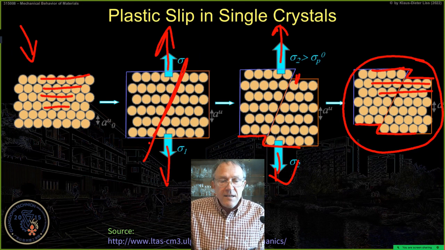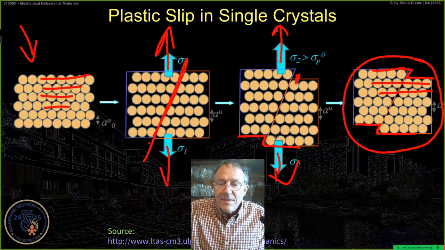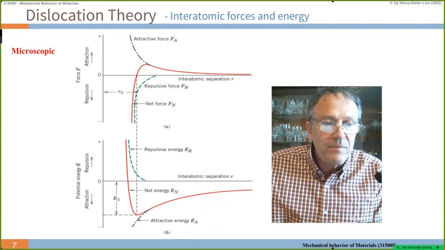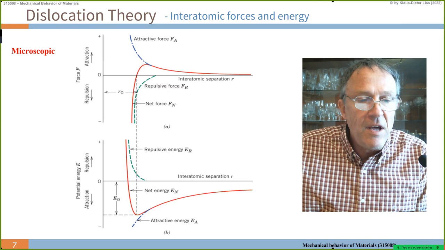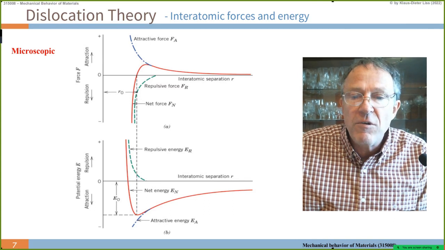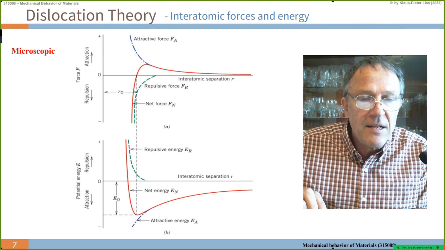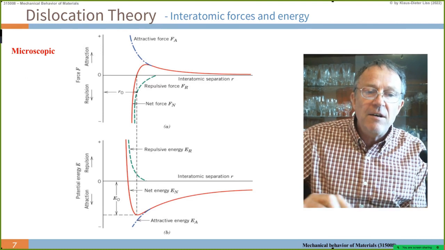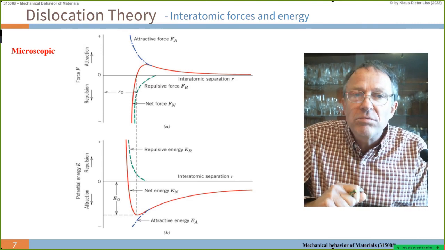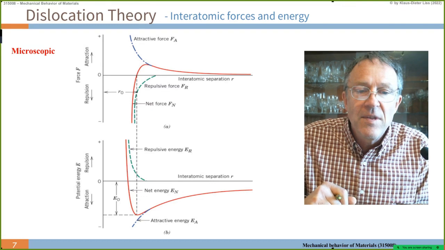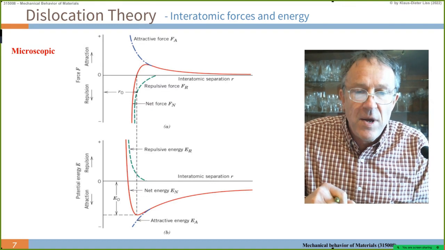The idea is: what is happening in detail in this slip process? First of all, we have to look at the interatomic forces, because if we cut the crystal plane at that location, then of course we have to take the atoms a little bit further apart than in the potential minimum where they are sitting.